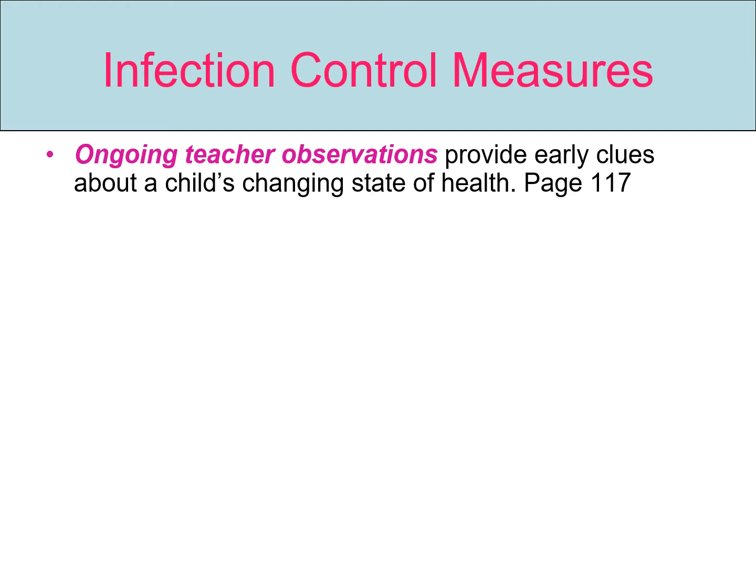So how do we control infectious diseases or illnesses? We can do our ongoing health observations. This can provide early clues about a child's changing state of health. And we can look on page 117 for more about this.